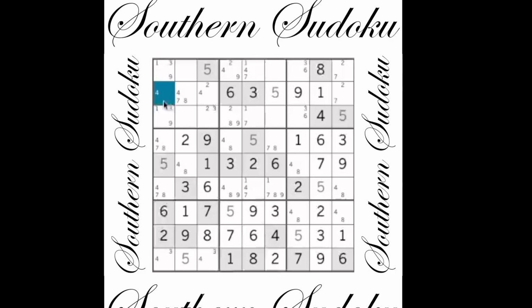Why can't it be an 8? It can be an 8. 2, or 3.